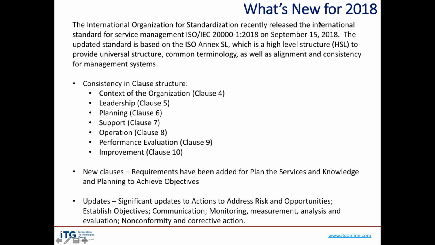This clause structure is: Clause 4, the context of the organization; Clause 5, leadership; Clause 6, planning; Clause 7, support; Clause 8, operation; Clause 9, performance evaluation; and Clause 10, improvement.